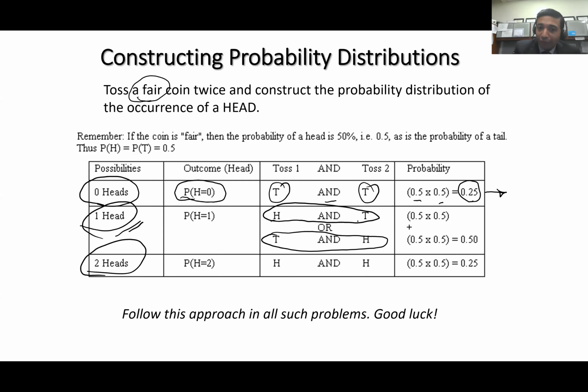Both of these qualify for the possibility of 1 head. So it's a head and tail, or a tail and head, which is where the 0.5 times 0.5 plus 0.5 times 0.5 comes from. So that's basically what your 50% is.